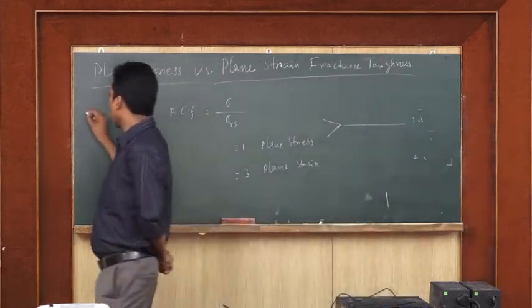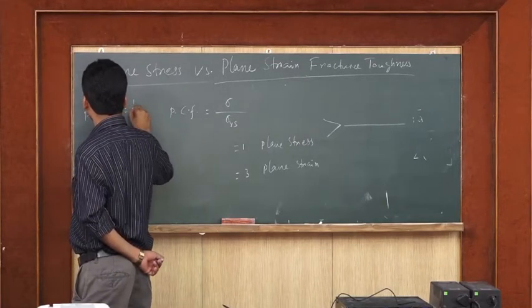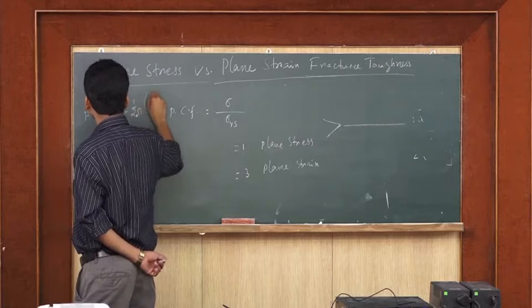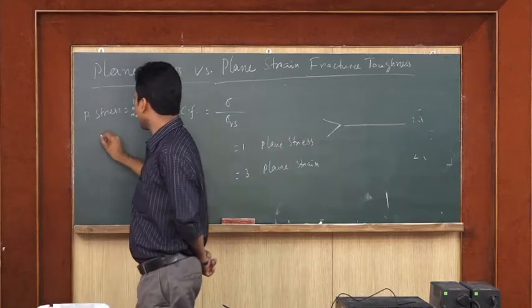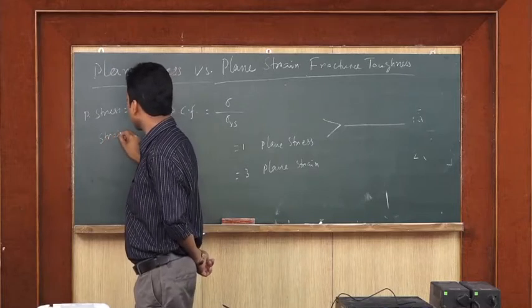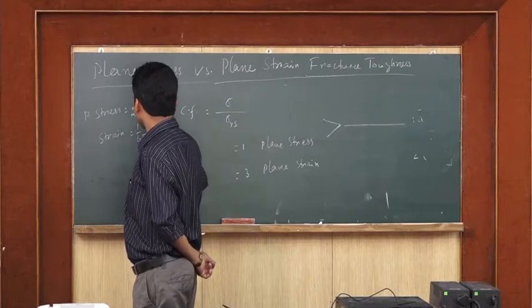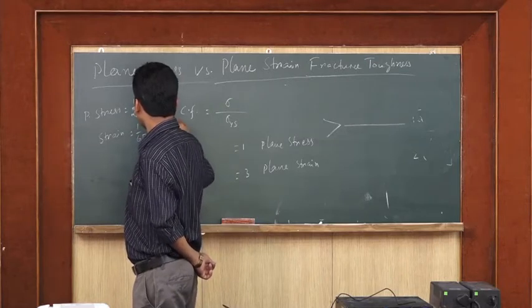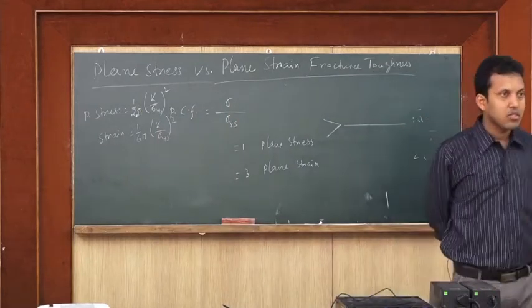For plane stress, the plastic zone size is 1 by 2 pi (K by sigma_ys) whole squared. For plane strain, it is 1 by 6 pi (K by sigma_ys) whole squared. So, in plane strain, the plastic zone size is smaller.